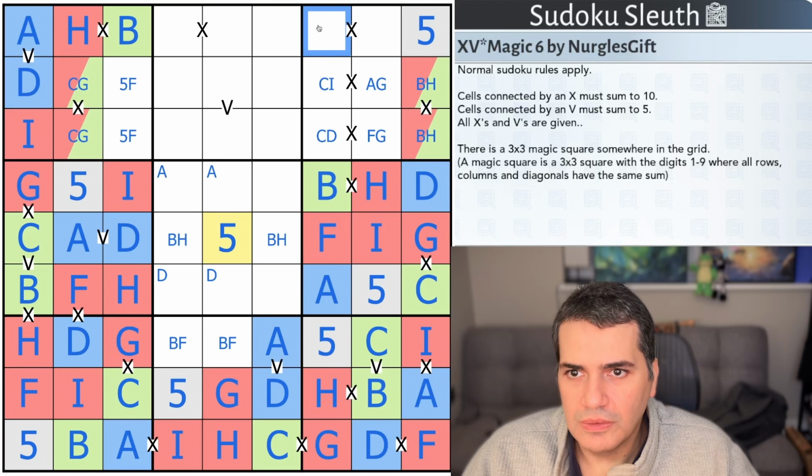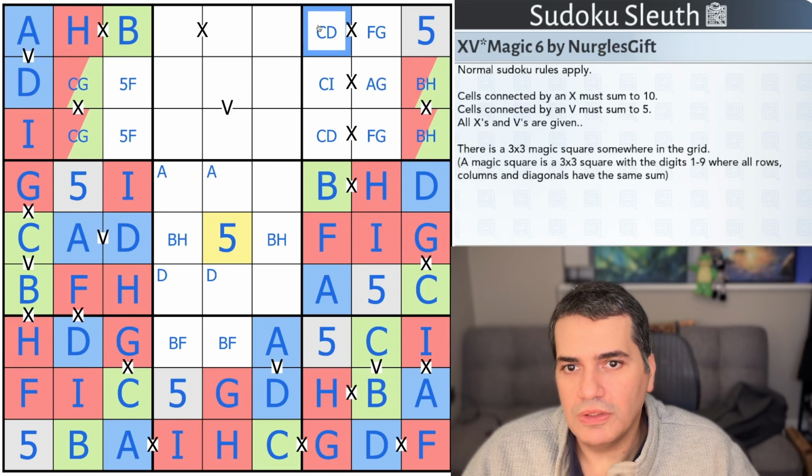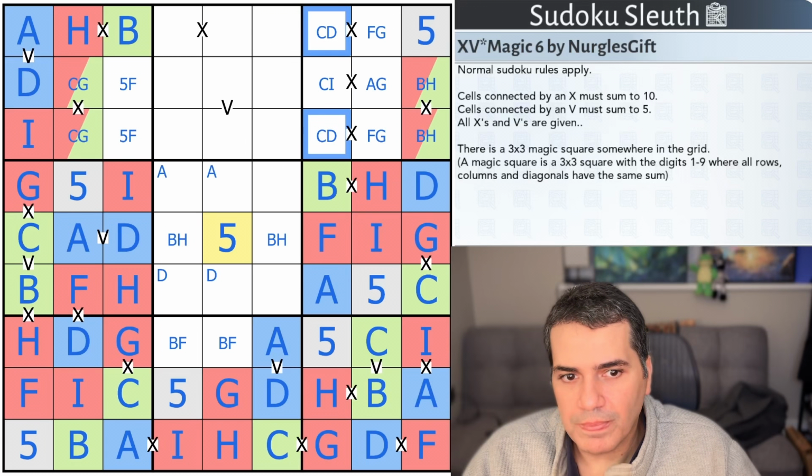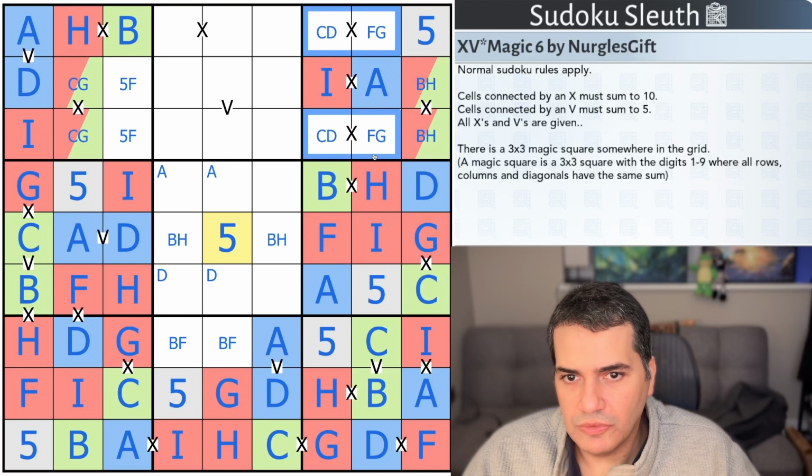I think I did. So not A or I, but it could be C or G, and it could be D or F. More importantly, I've got a CD pair that gives me I, A. Doesn't help me with negative constraints in any of these.